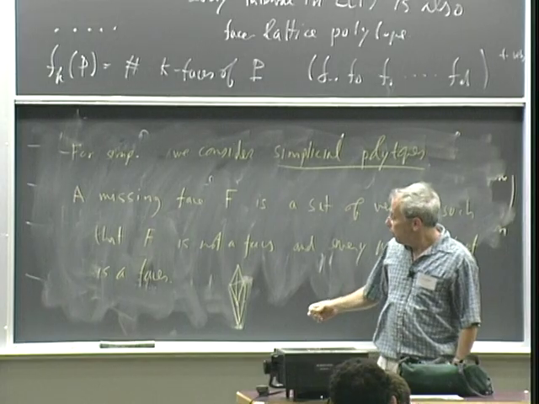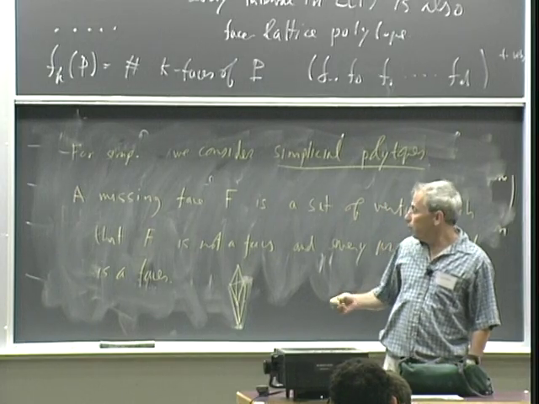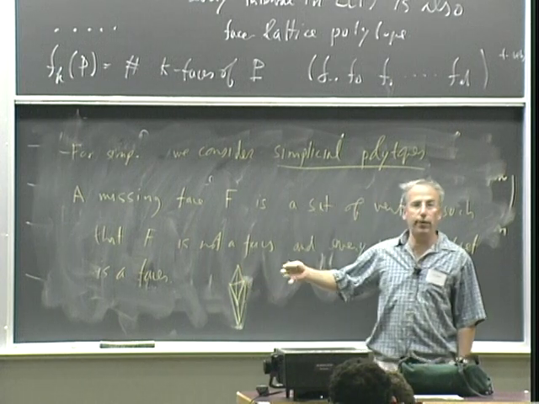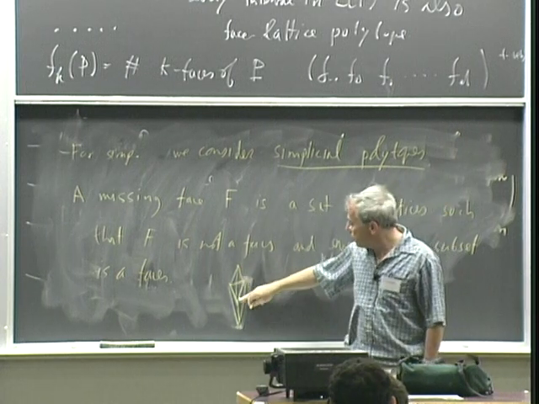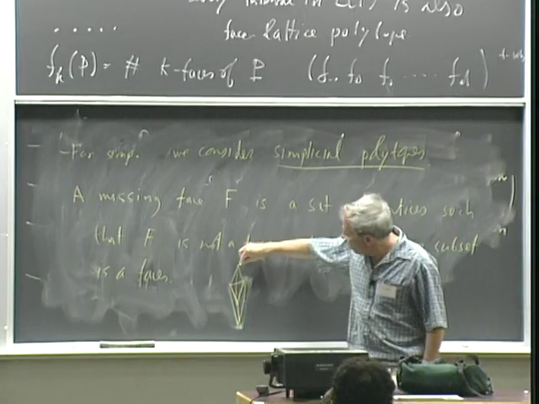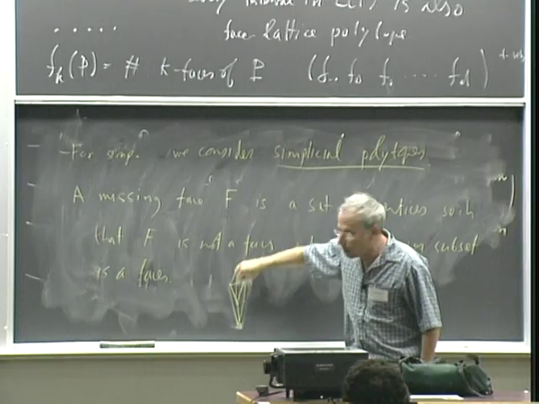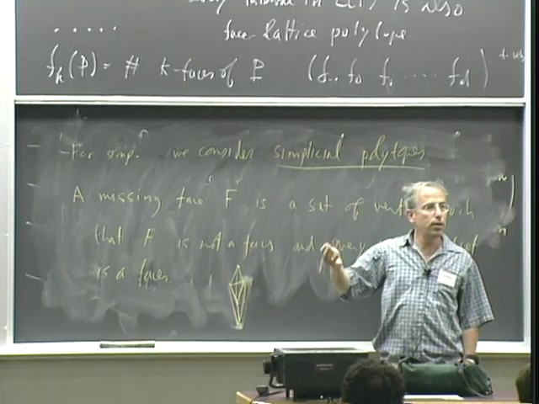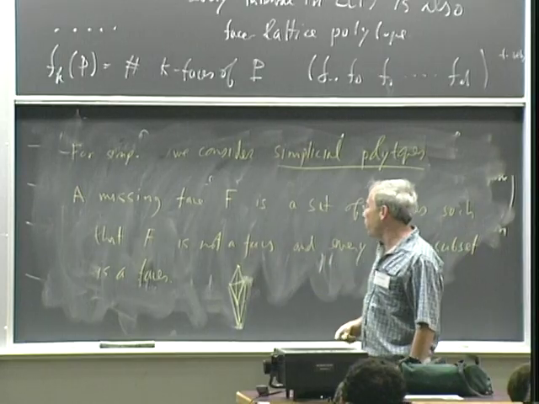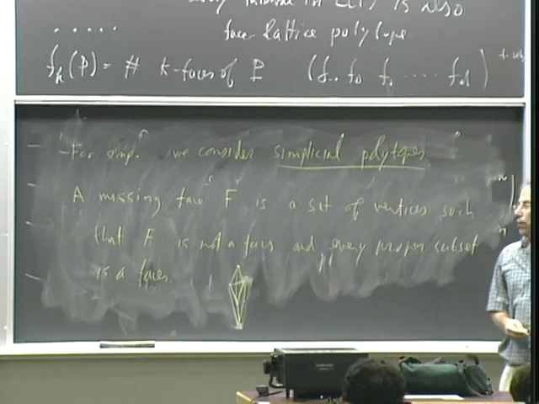We have two missing faces. One is this triangle in the middle. This triangle is not a face of the polytope, but every proper subset, its 3 edges, forms a face. And also the pair of vertices from the top to the bottom forms a missing face. So here we have one missing face of dimension 1 and one missing face of dimension 2.